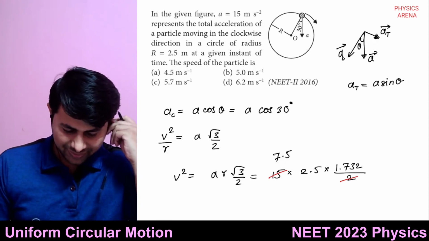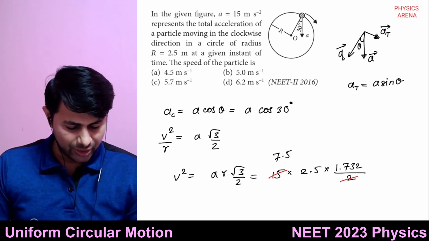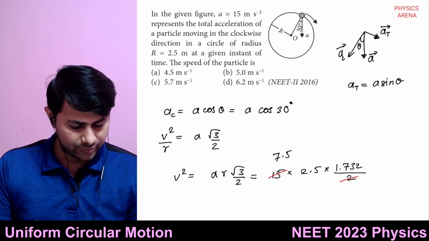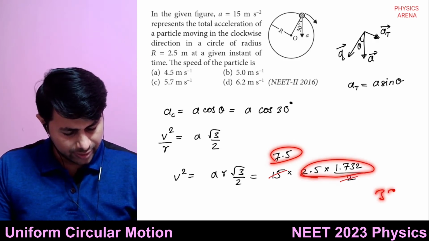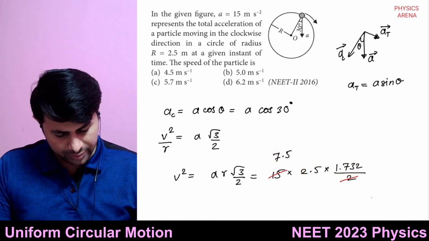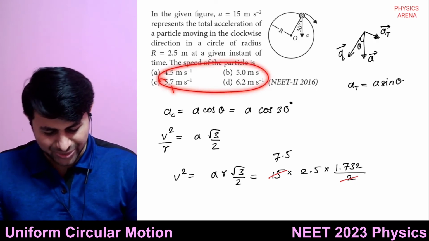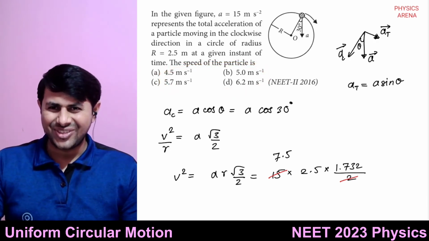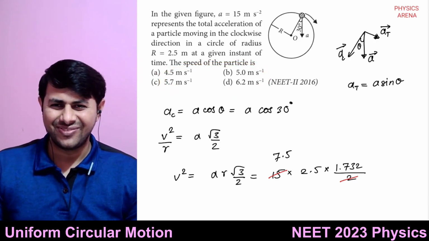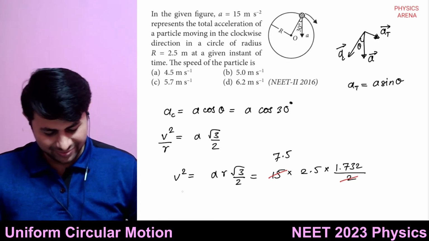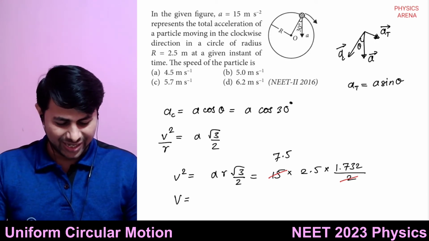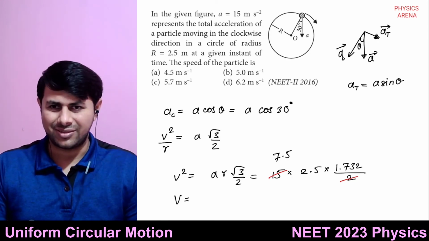Can I say it is 8 times 4, near about 32 or something? The options are also close. This is not expected in the NEET exam. It is a NEET question. What will be V? This we have to calculate, right? There is no other option.